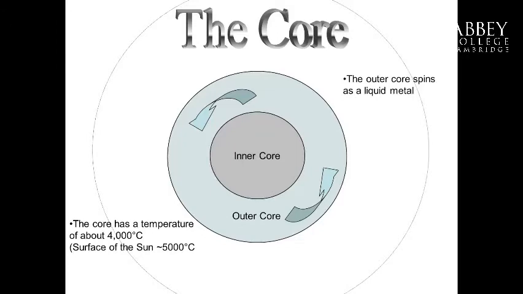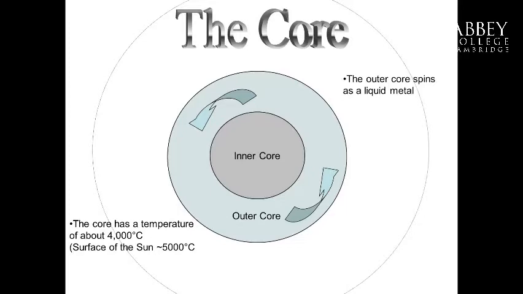Majority of it, about 90%, is iron, with the remaining 10% mostly made up of nickel. It's also very hot in the centre of our Earth, and so when the metal, iron, reaches the temperature of 4,000 degrees centigrade, it changes state. It becomes a liquid.